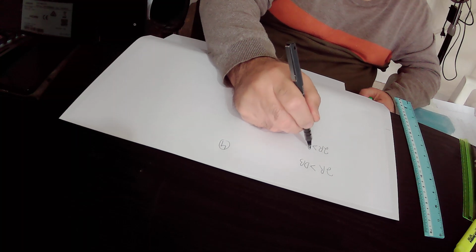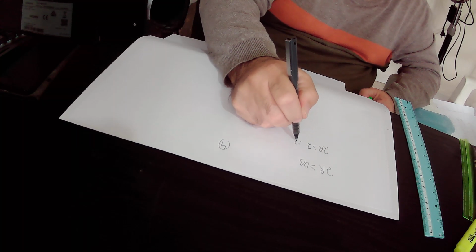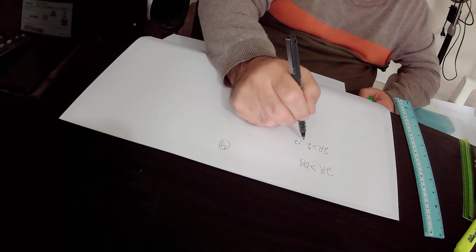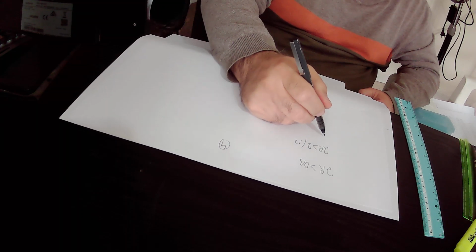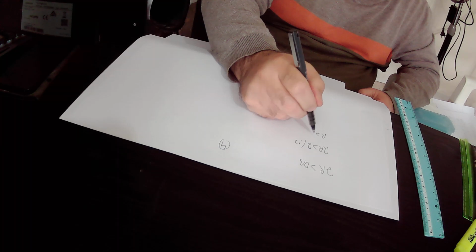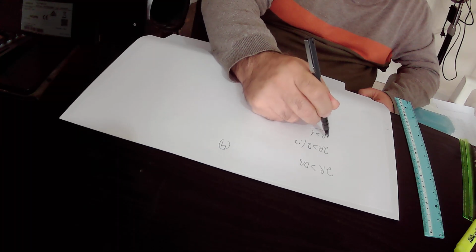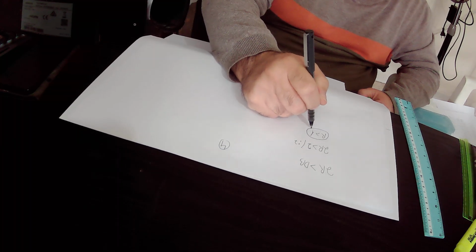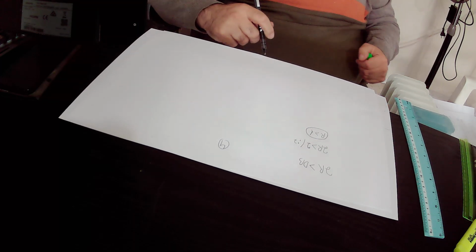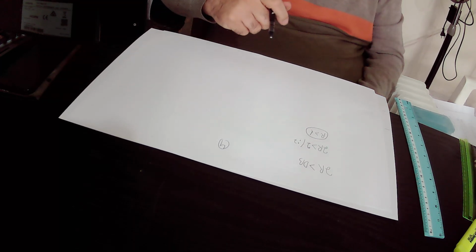We divide this inequality by 2, and we get that r is greater than 1. So we found out that the radius of our circle must be greater than 1 unit.